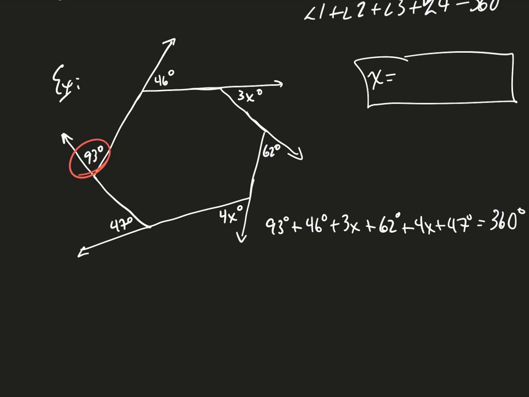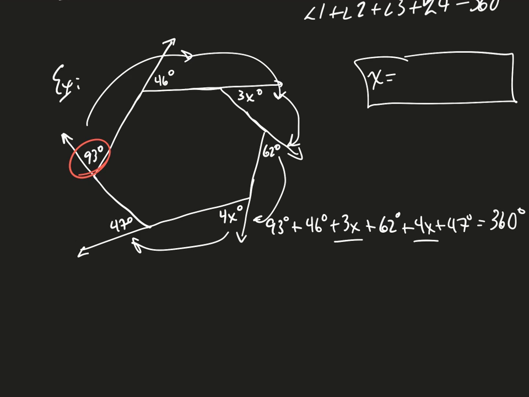So we create an equation by going all the way around the polygon and adding up all of the angles. And again, it doesn't matter how many sides this thing has, the exterior angles always add up to 360. What's left then is to solve the equation.